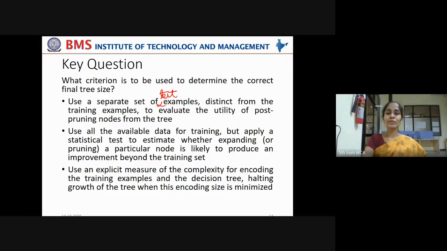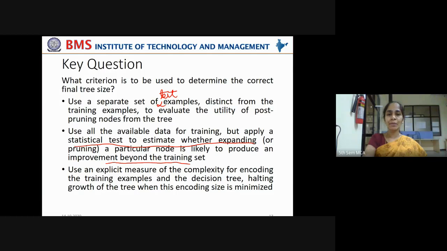Now use all the available data for training. Now, 2/3 of the data is available for training, right? Use all the available data for training, but apply a statistical test to estimate whether expanding a particular node is likely to produce an improvement beyond the training set. Means you have to check some measure whether to retain that particular node in the expansion or remove it.